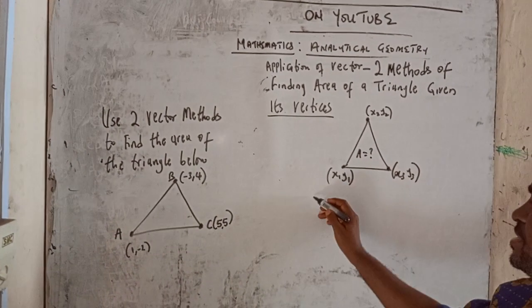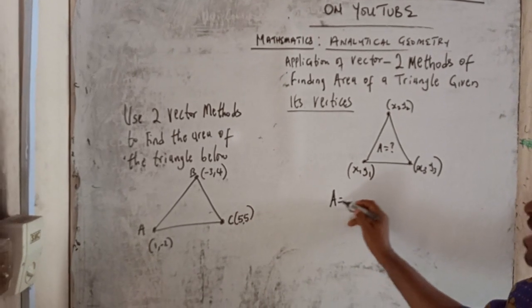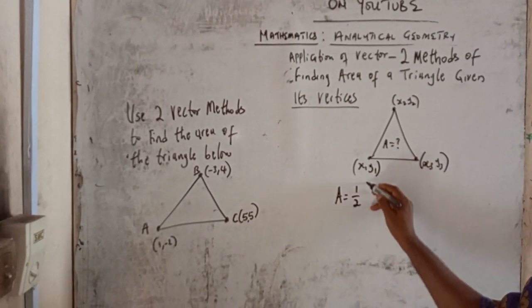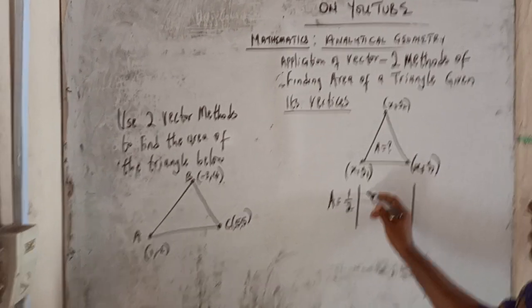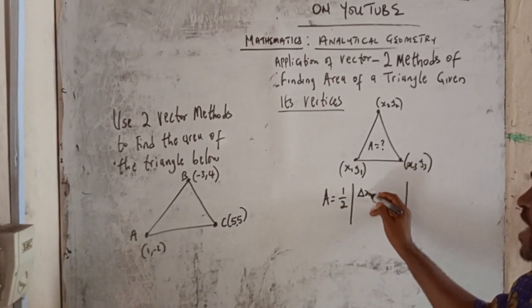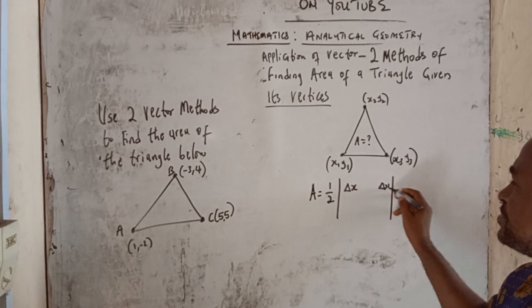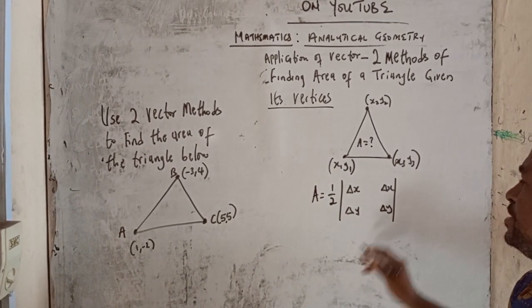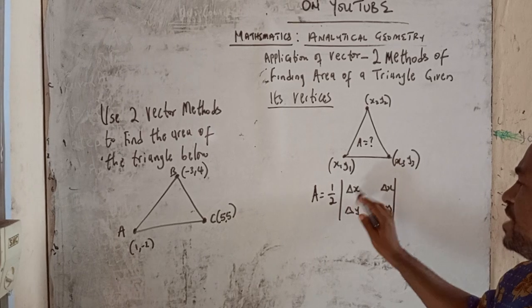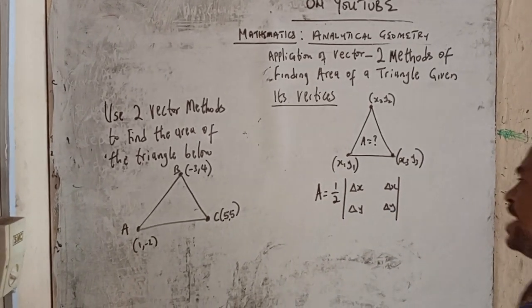The first method is this. The area of the triangle is half the determinant of difference in the x and the difference in the y coordinates. I will tell us what I mean by this.